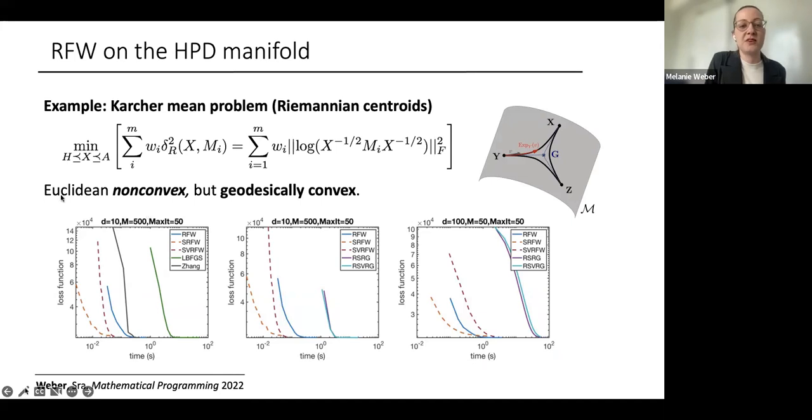One example of a problem that has this structure is the barycenters on positive definite matrices, sometimes called the Gaussian mean problem. Here we have a collection of matrices, which might or might not have a weight associated with it.